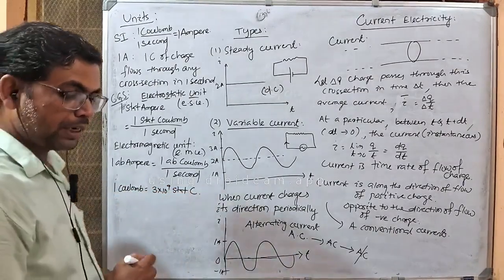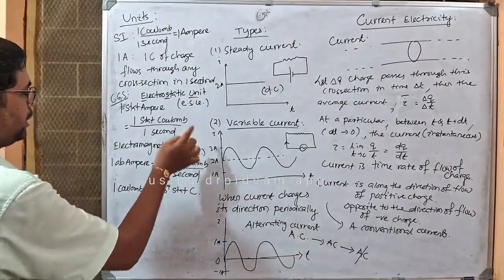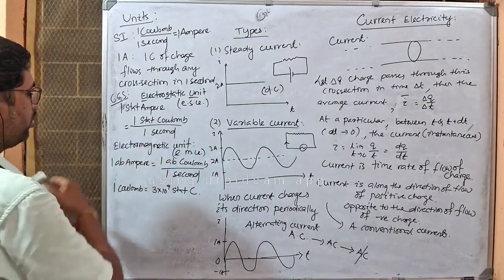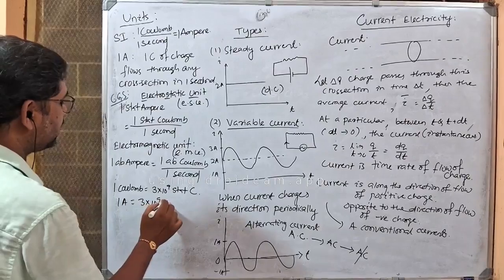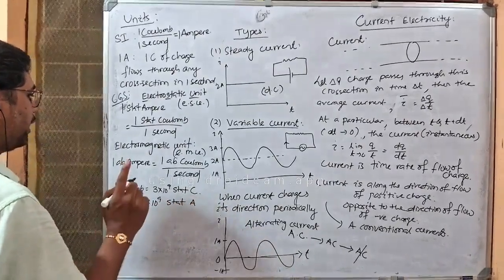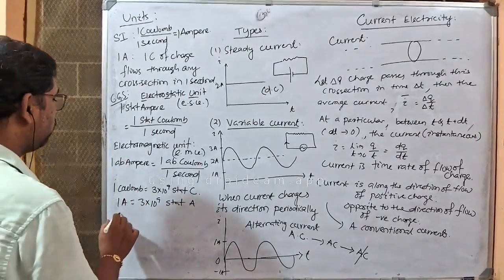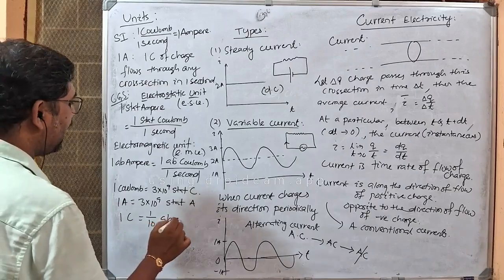If you use this relation, 1 ampere will be 3 into 10 to the power 9 stat ampere. 1 coulomb is equal to 1 by 10 ab coulomb.